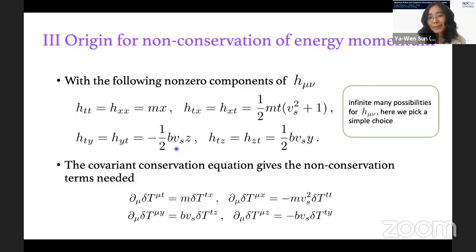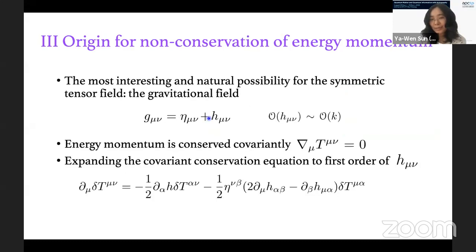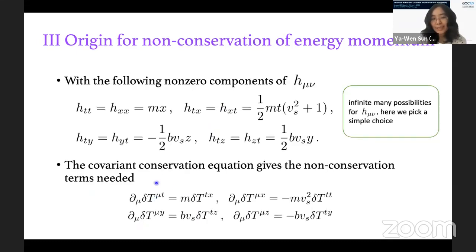We could just choose all non-zero components of h mu nu to be this. With this, we substitute this into this equation, and we would get the covariant conservation equation in this way. So this gives exactly the terms that we need.